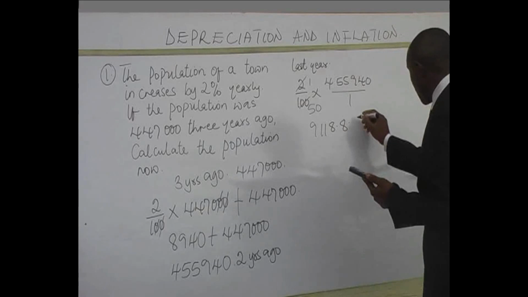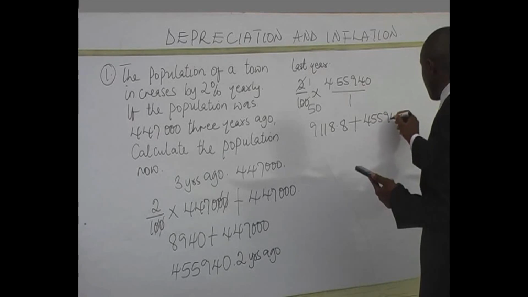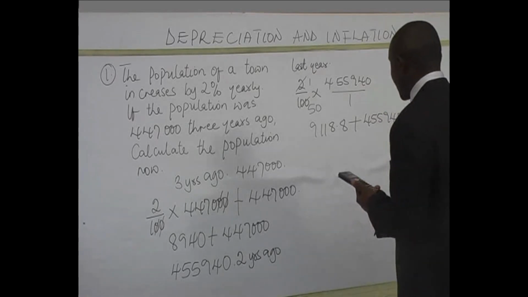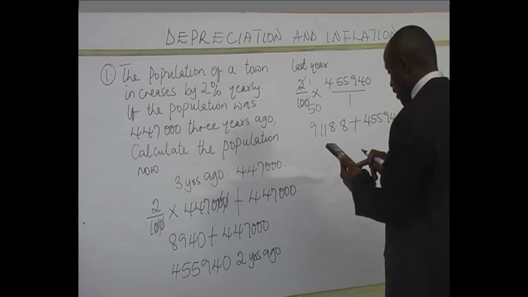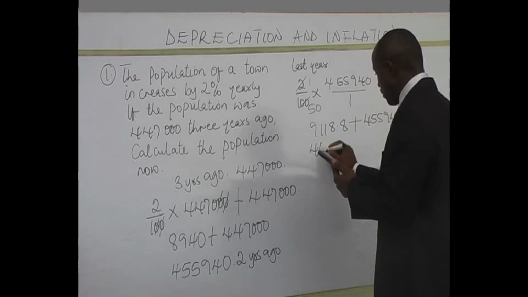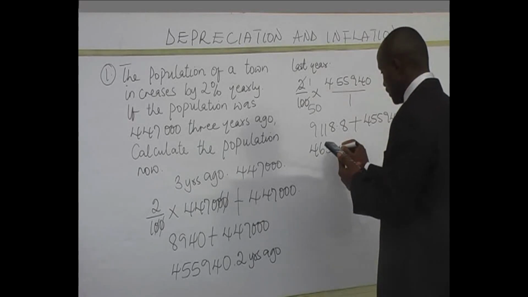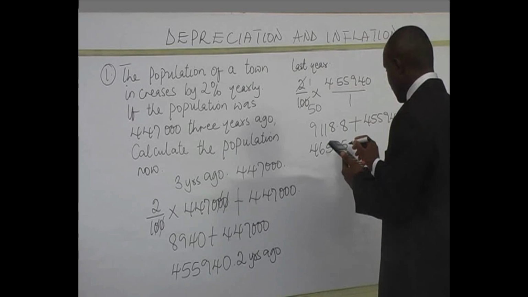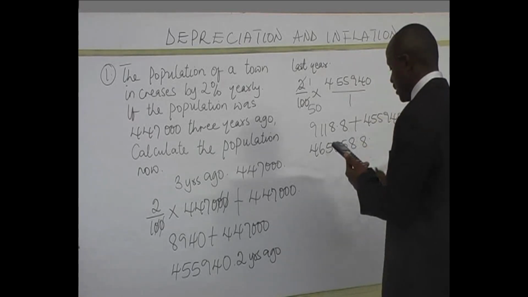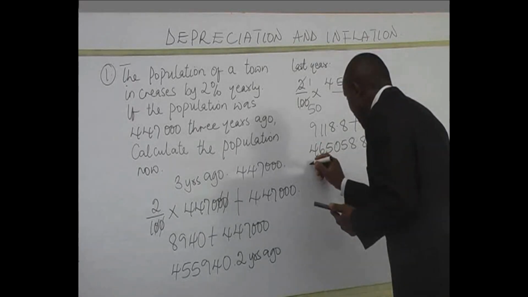Now if you add it to the population of last 2 years, 455,940, it will give you the population that entered last year. Plus 455,940. It's giving us 465,058.8.